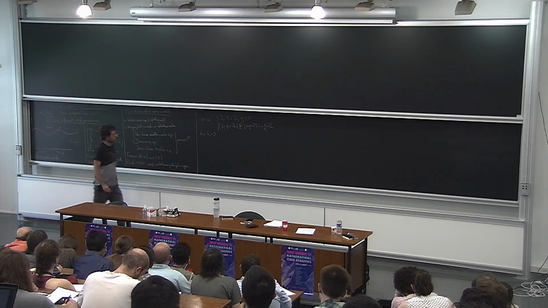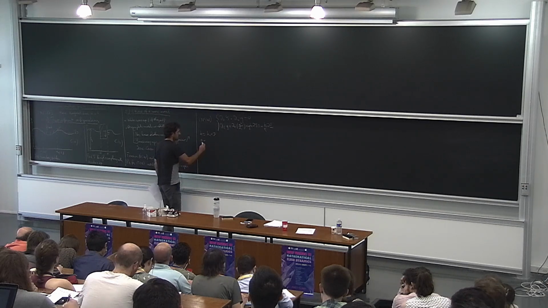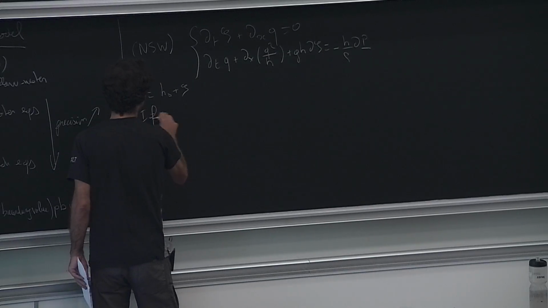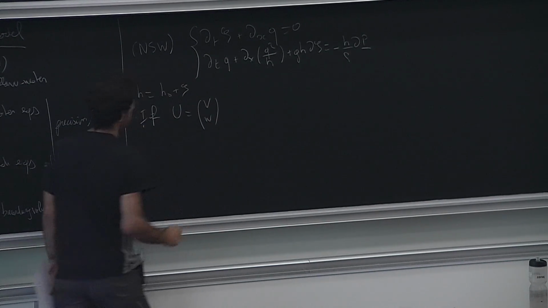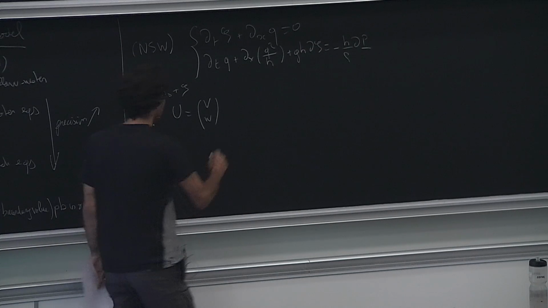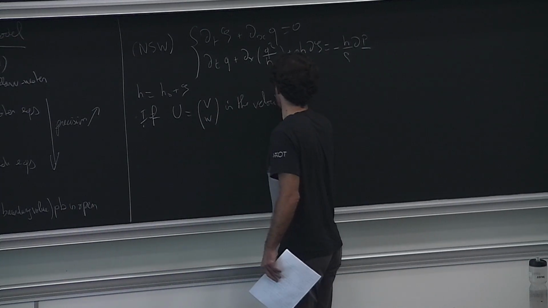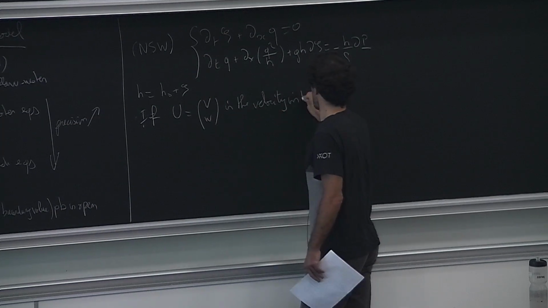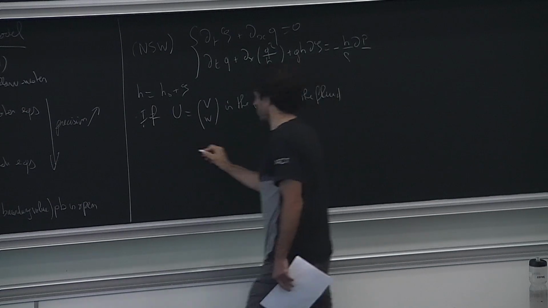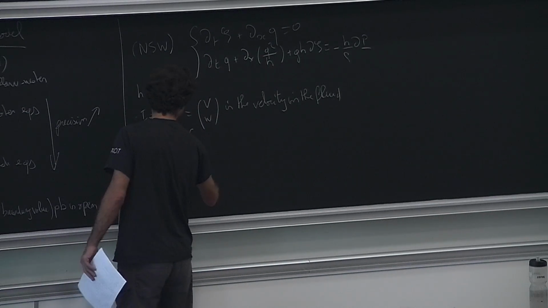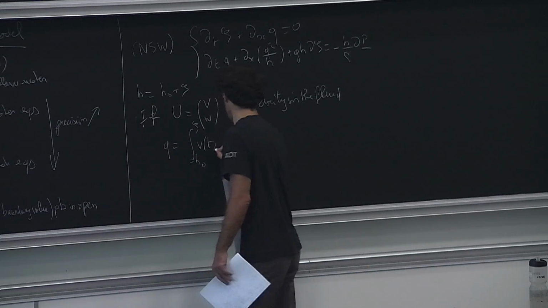And q, if capital U, to take the same notation as Thomas, I think, is the velocity in the fluid, q is the integral from the bottom to the top of the horizontal component of the velocity.